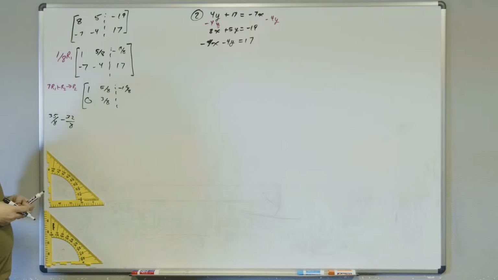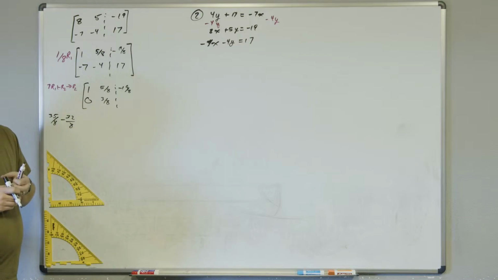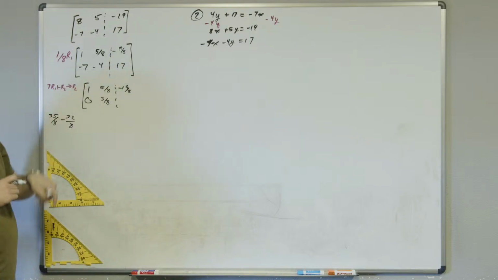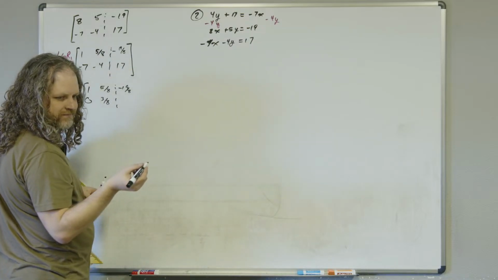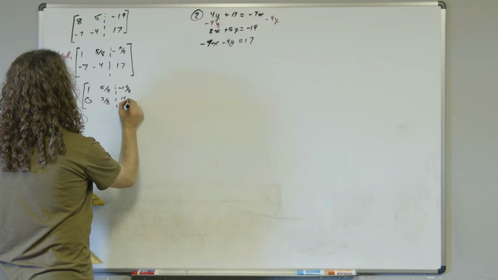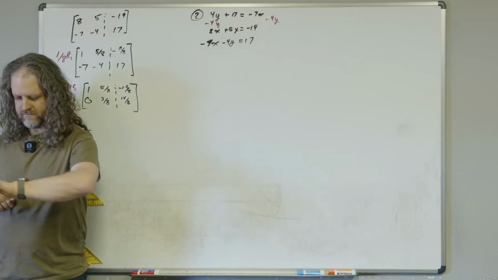Negative 133/8 plus 17. 14/8. Great. 14/8. Now what should we do?